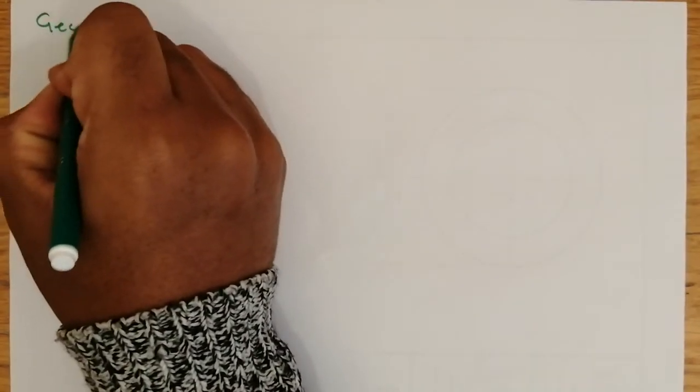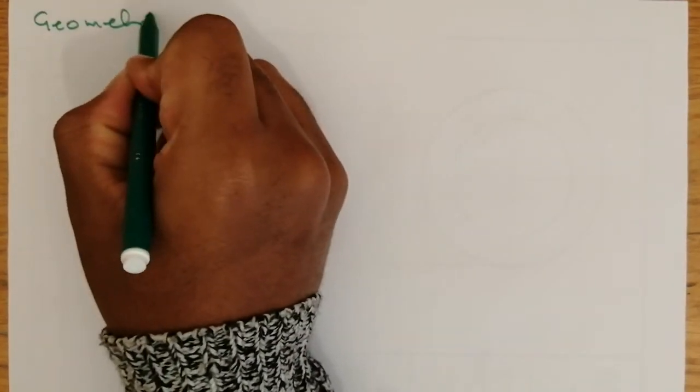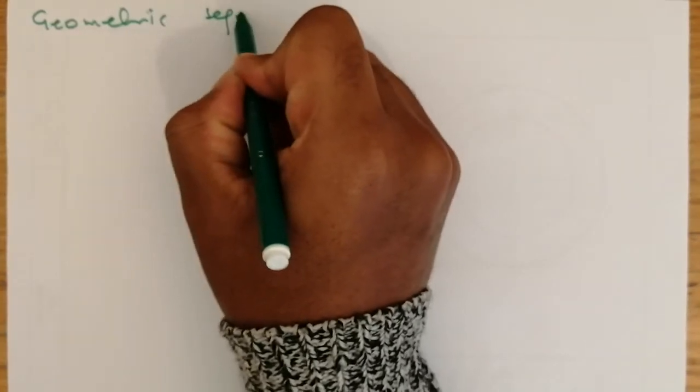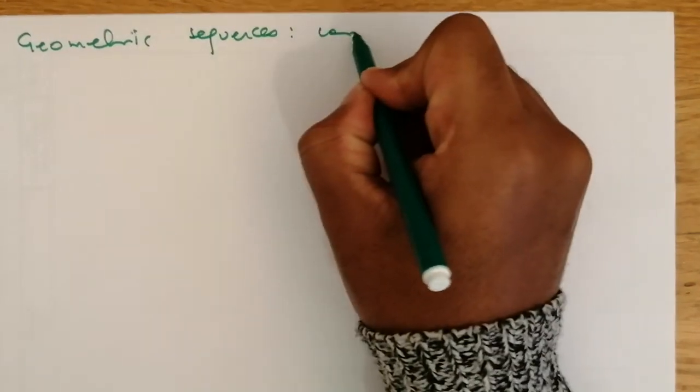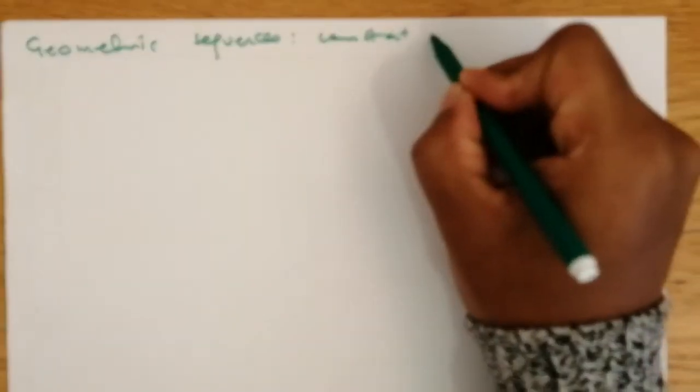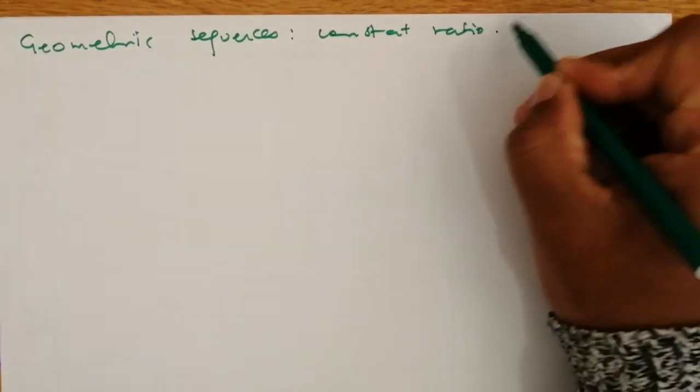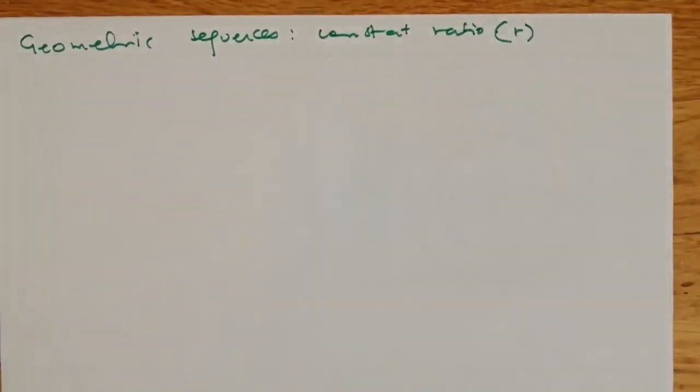In geometric sequences, we have got a constant ratio. We refer to this as R, right?